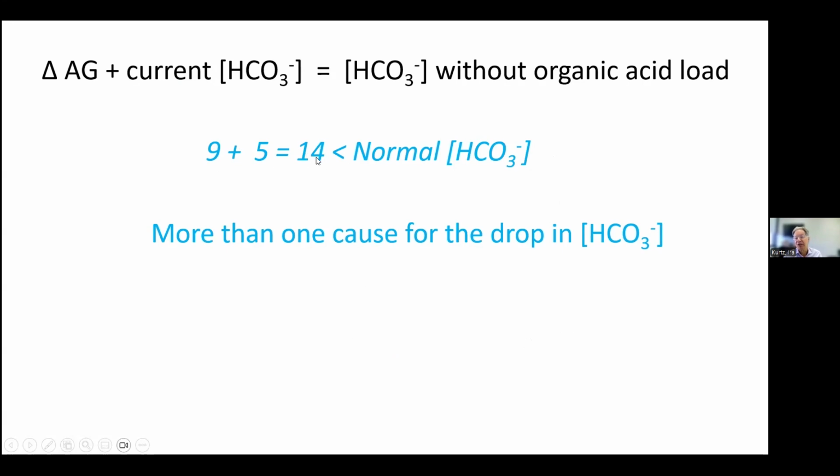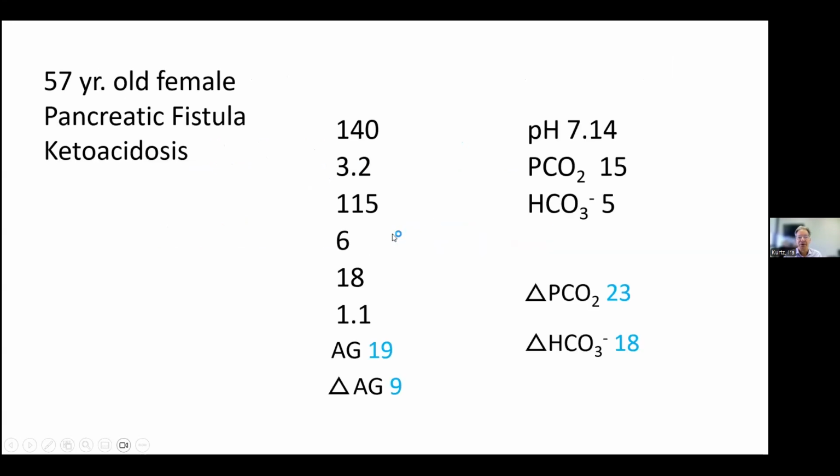You don't end up with 24, which means the anion gap metabolic acidosis cannot be the only cause of the bicarbonate having fallen, because only a component of that, 7 to 9 of the total drop, can be due to the anion gap metabolic acidosis. If it was the sole cause, then when you added it to the current bicarbonate, you would have gotten 24. The fact that it ends up being lower than 24 means you have something else that's dropping your bicarbonate.